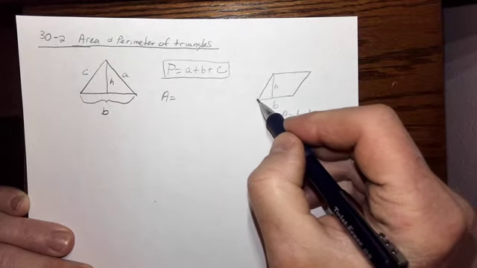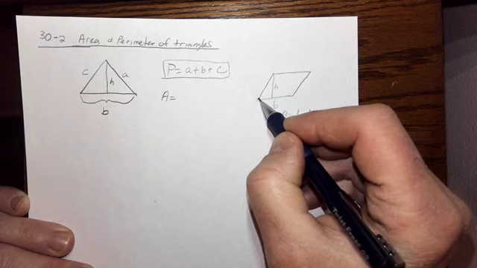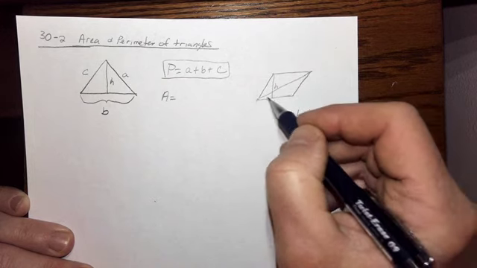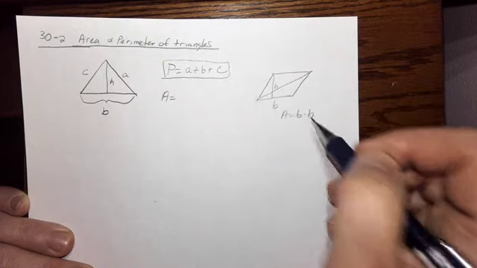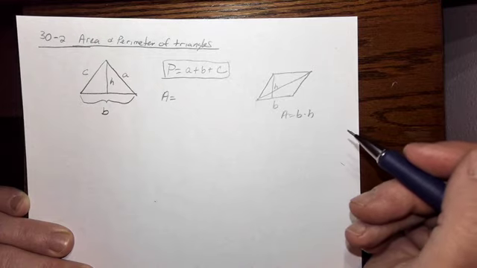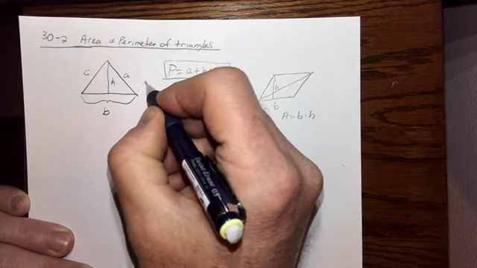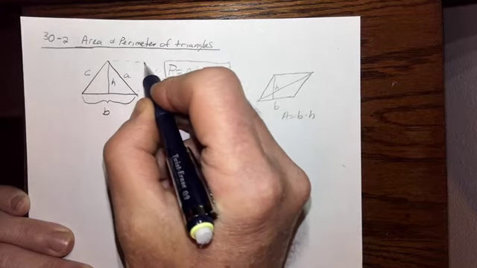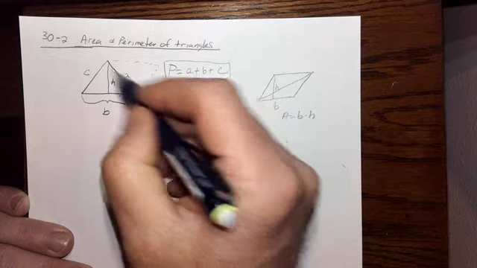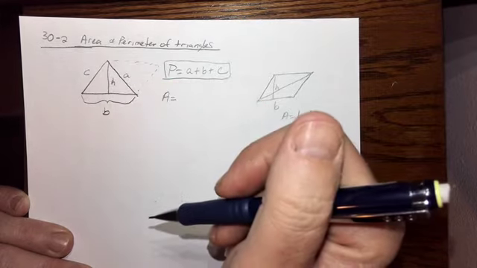Okay, so if we were to make a triangle out of that, just cut it like that. Here's a triangle. The area of this triangle then is half of that. And you can do that for any triangle you want. I could create a parallelogram right here from this triangle, and we can see that the area of this triangle is half of that parallelogram, which is base times height.